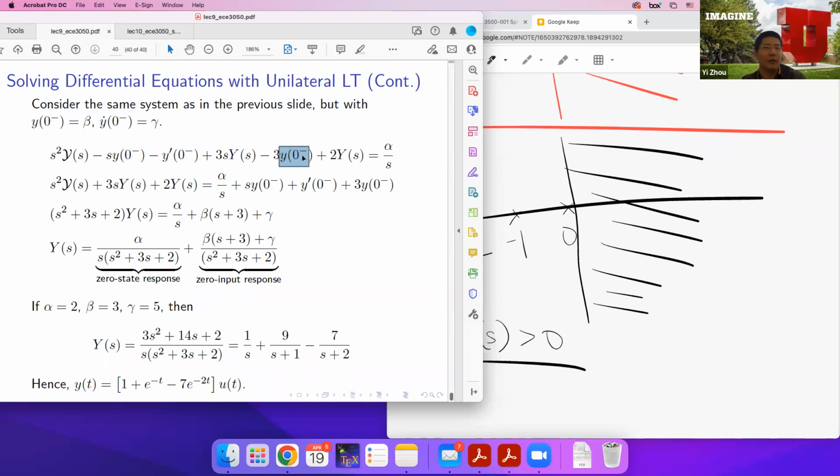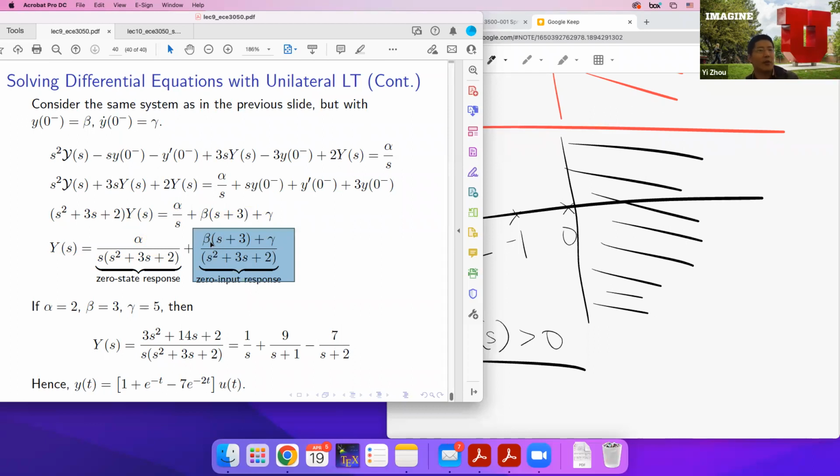Okay, you plug in beta and gamma, follow the same steps, you can get such a unilateral Laplace transform. Okay. And what happens is that you can divide this into 2 parts. Well, one part is normal, and the other part involves beta and gamma.